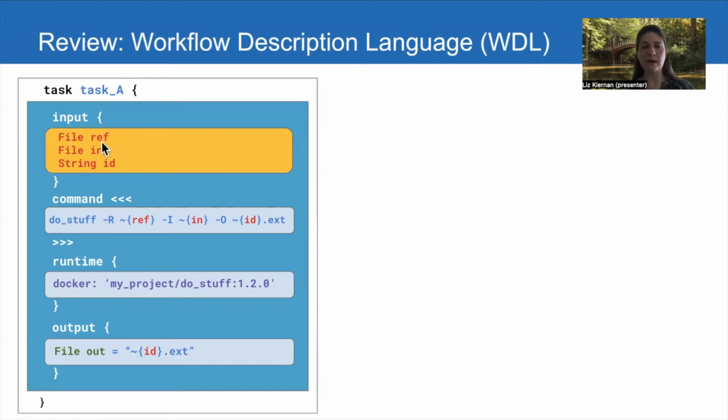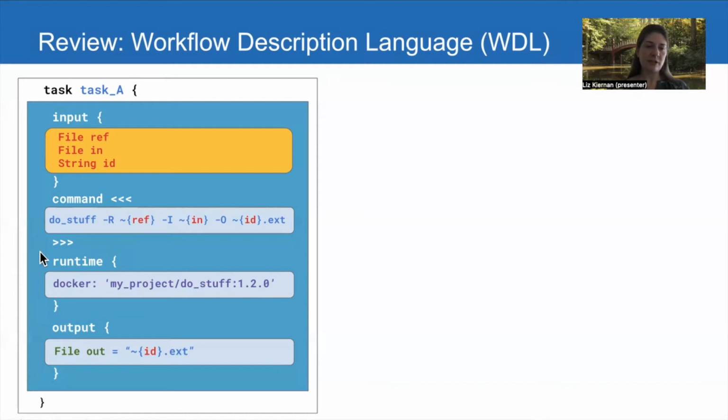One is assigned to a variable named ref, one is assigned to in, and there's a string here. Then there's a command section. This is the section that actually uses the bash commands that will tell you what you want to do to your data to actually transform your data. So you're going to be calling software in this section and setting up software parameters here, just like you would do if you're using bash from your terminal.